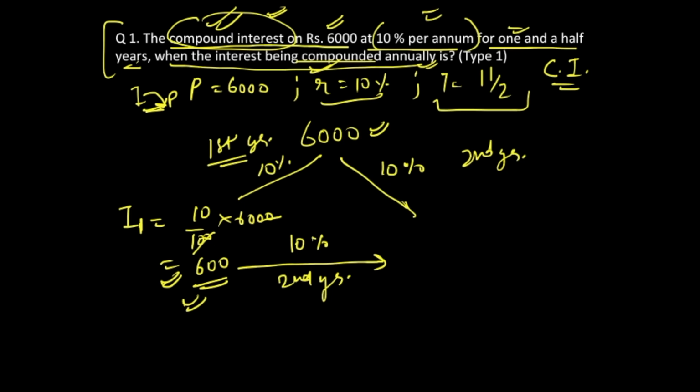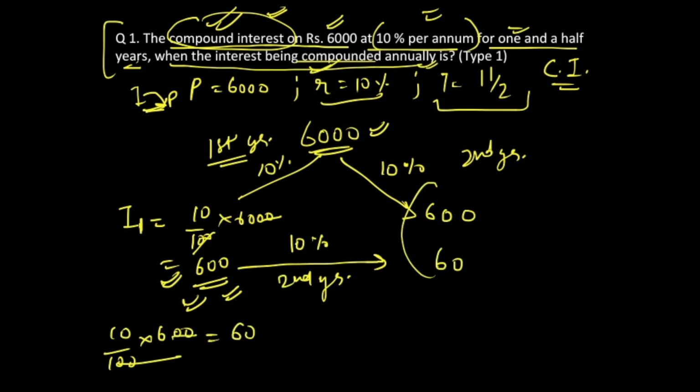So you can write that as you already calculated the 10% amount on 6,000, that is your 600 rupees, and the 10% amount on 600, that is 10 by 100 into 600, right? So this is going to give you rupees 60. So if you add this for the next year, you are going to get this interest in total. So if you add it up, you are going to get rupees 660.